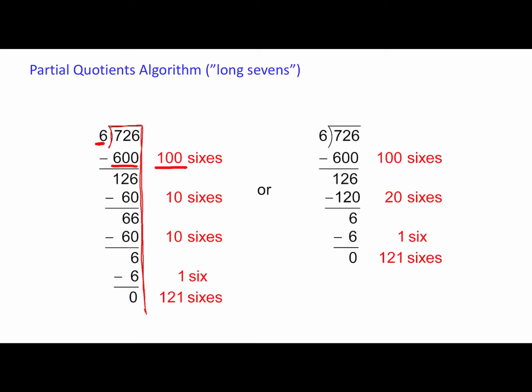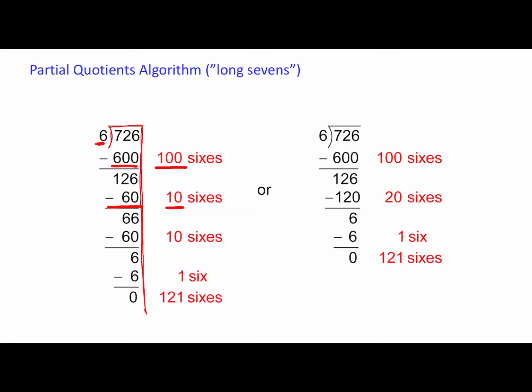Well, maybe they're not really strong on their multiplication facts, so they don't see that I can multiply by 20, but they can multiply by 10. So let's just multiply 6 by 10 to subtract off 60. So they're going to take 10 6's out and subtract off 60, and they're left with 66.